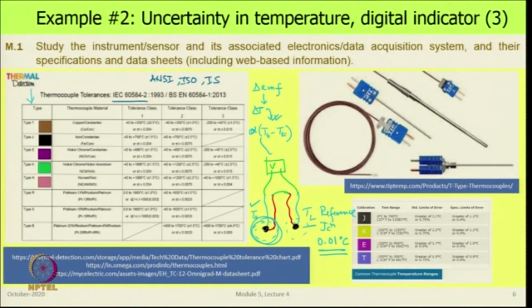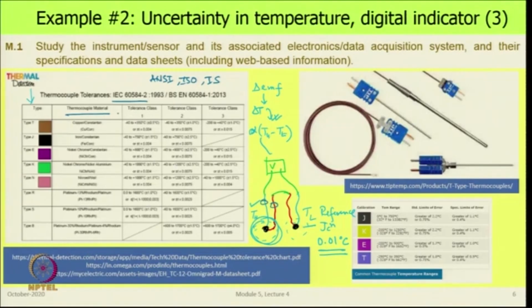So, when you look up a manufacturer's catalog, they will all say that this thermocouple is as per IEC 60584, and within that they will give more information: the type T, J, E, K, all that tells you the material of the two wires. We said there are two wires here, and this tells you what is the material of those two wires. And then it tells you about the accuracy.